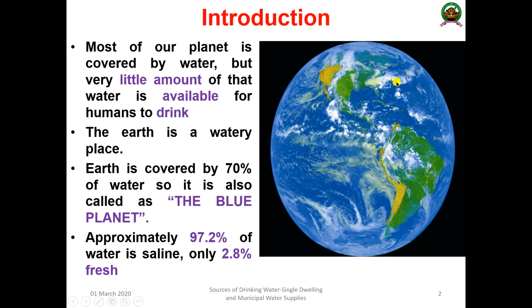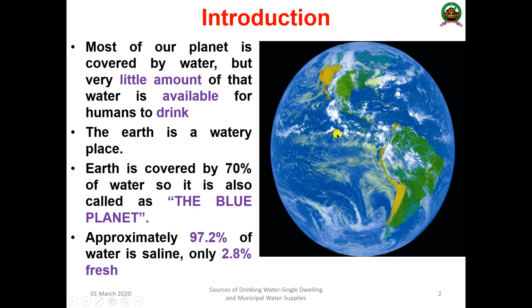Most of our planet, the earth, is covered by water, but only a small amount is available for drinking purposes, and the earth is a watery place. So 70% of the earth is filled with water, and that is why it is known as the blue planet. Okay, you can see the blue planet because the earth is largely composed of water.